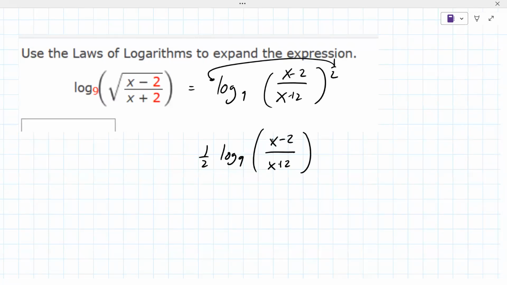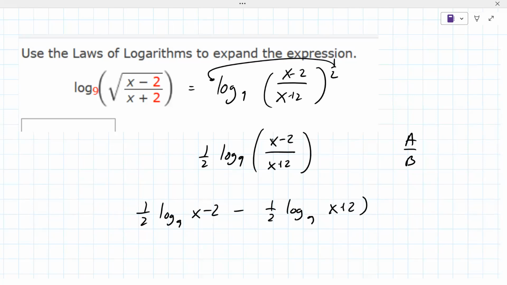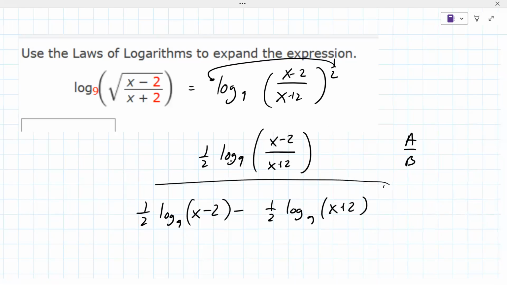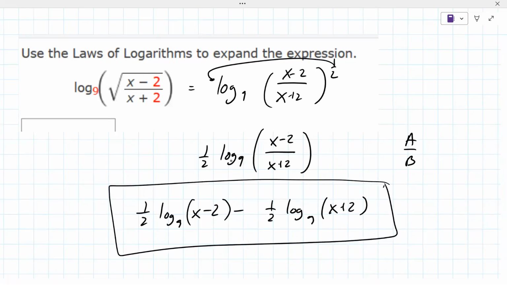And then it's an A over B situation, so it becomes 1/2 log base 9 of x minus 2 minus 1/2 log base 9 of x plus 2. Sums and differences inside the logarithms are nothing you can do anything with. This is your final answer on that.